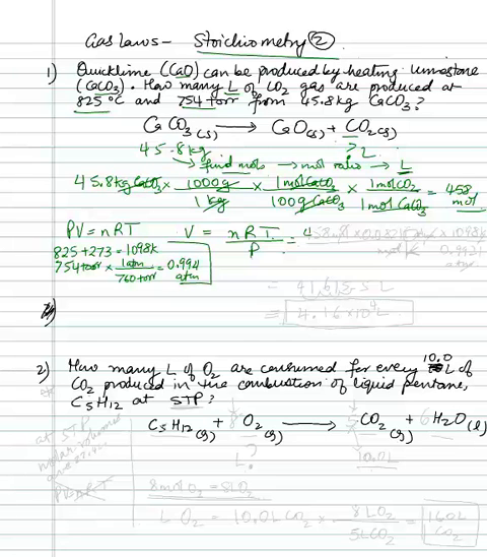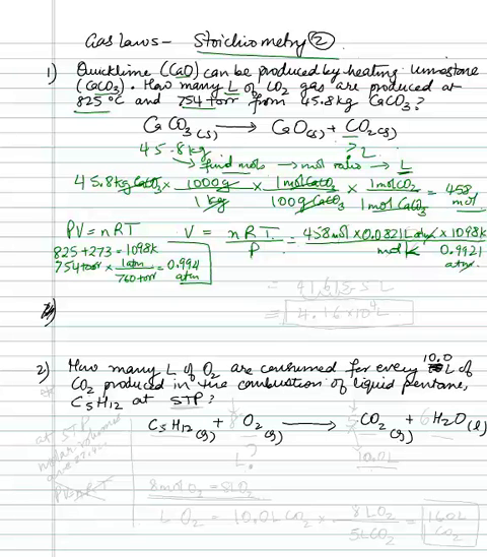So then 458 moles times 0.0821 liter atmosphere per mole Kelvin, temperature is 1098 Kelvin, and the pressure is 0.9921 atmosphere.